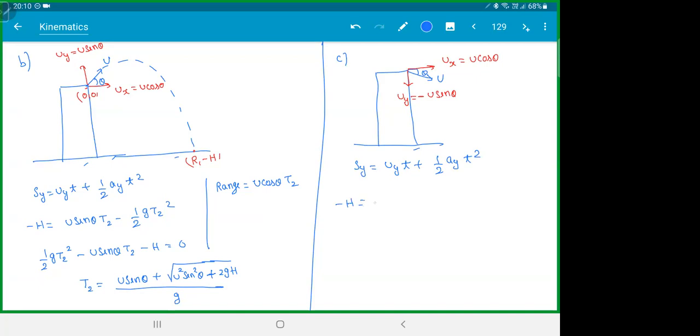This will be minus h is minus u sin theta t3 minus half g t3 square. That is a catch. And here t3 would turn out to be minus u sin theta plus root over u square sin square theta plus 2gh, by g. That's your answer.